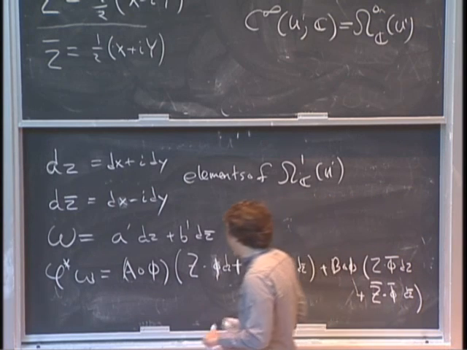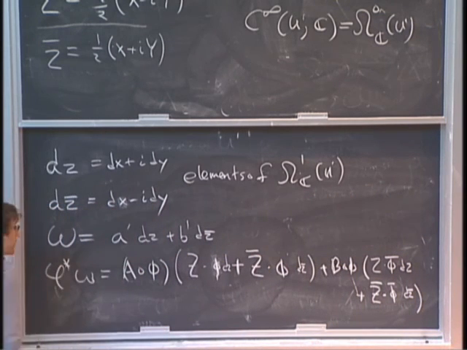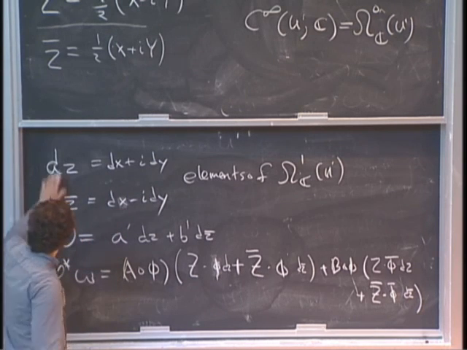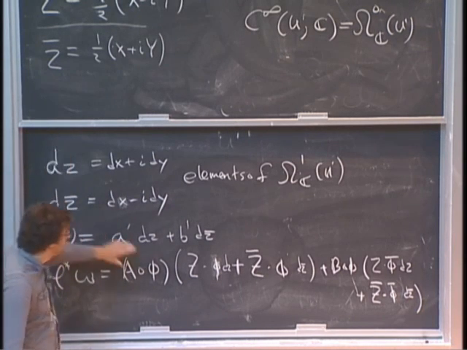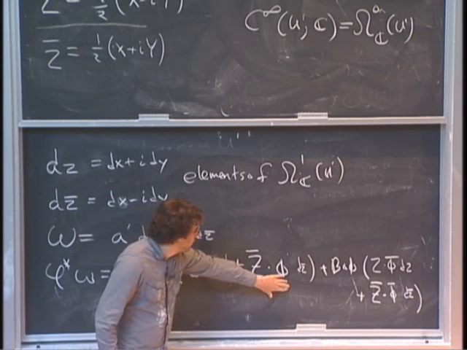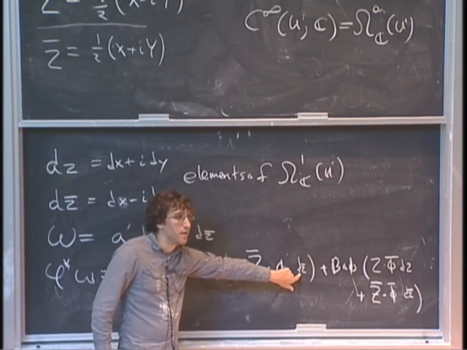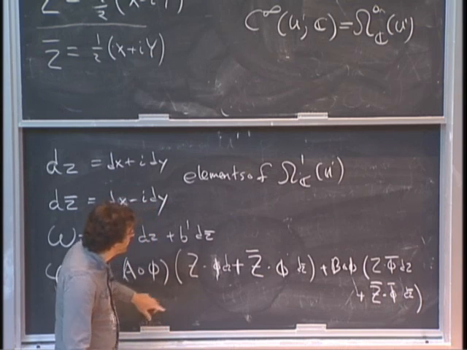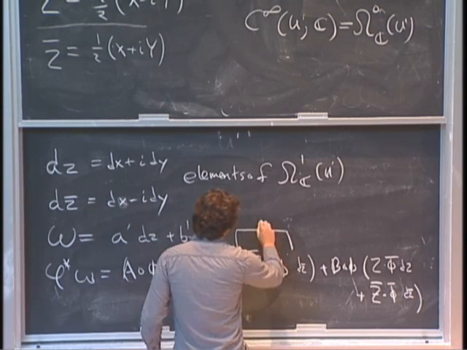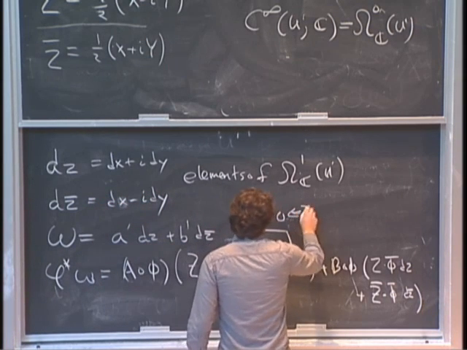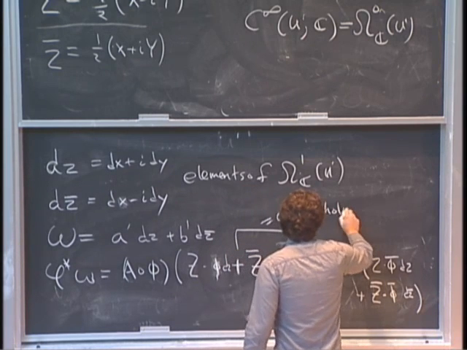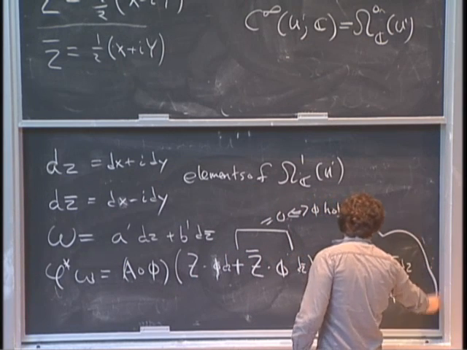Okay? So one of the things we see right away is for a general φ, a smooth map between these domains in C, even if we start with a form that only depends on dz, from terms like this we'll get terms that have a dz bar. But the observation is that this is 0 if and only if φ is holomorphic, as is this term here.